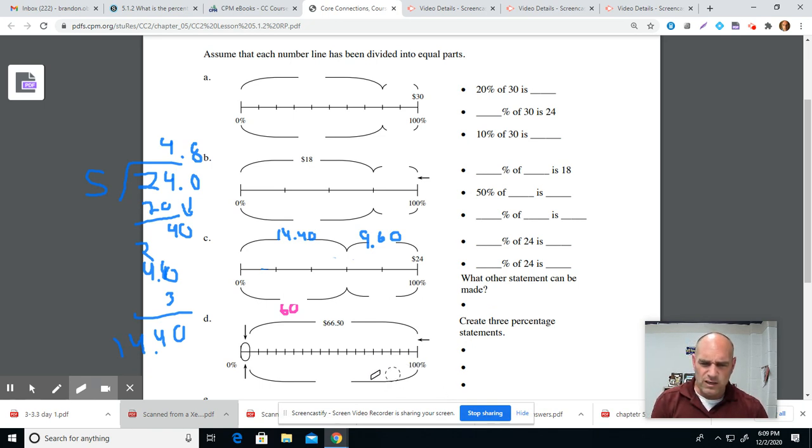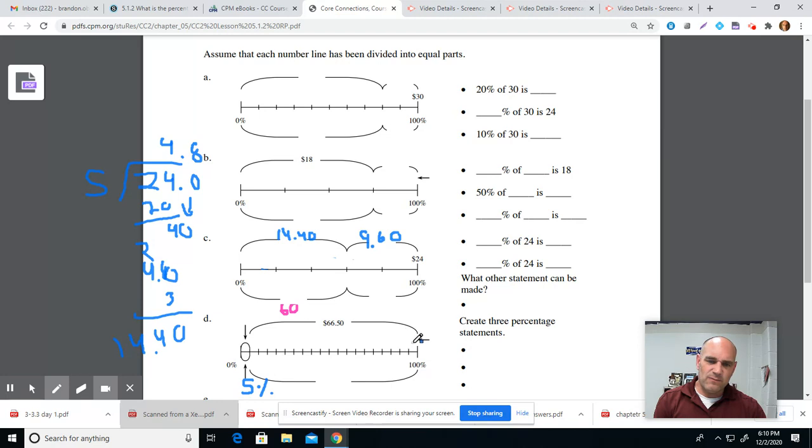So this is 100, and this has a whole bunch of pieces. Uh-oh, what do we got broken up into? So we've got 1, 2, 3, 4, 5, 6, 7, 8, 9, 10, 11, 12, 13, 14, 15, 16, 17, 18, 19, 20 chunks. All right, so I broke this up into 20 pieces. So this represents 1 chunk right here. So if this is broken up into 20 pieces, every chunk is going to be 5%, because 20 times 5 is my 100.